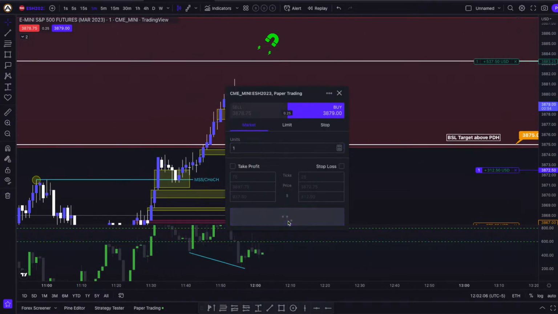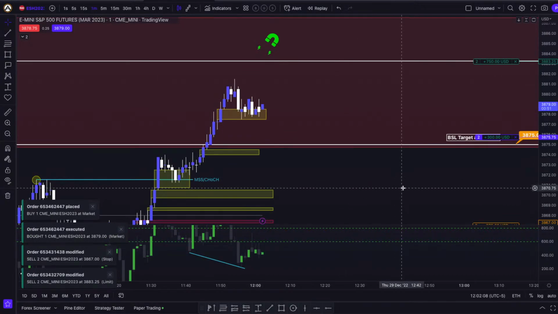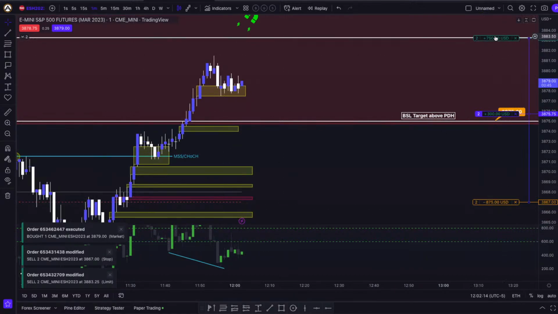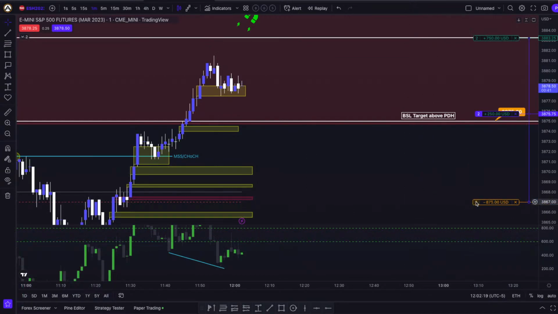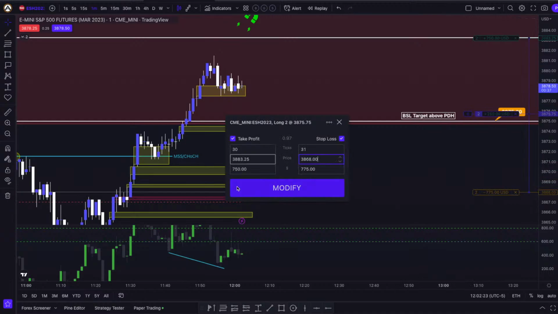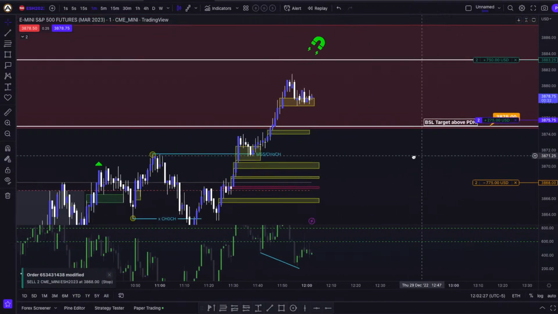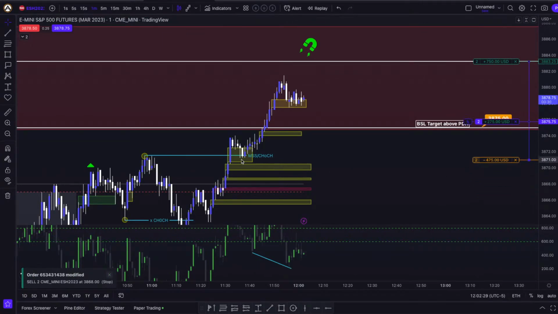I mean, it's paper trading anyway. So we add a second contract inside of this fair value gap for our buy side liquidity to be hit. I'm going to move my stop loss now to the DR high right here, to our most recent swing low, I'd say.